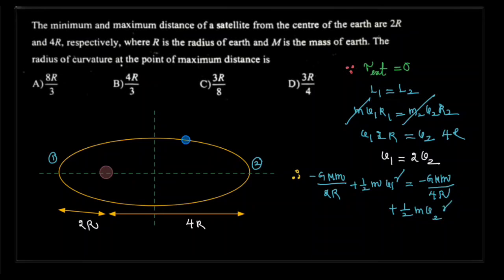If you do this calculation, you will get v1 equal to under root of 2GM/3r, and v2 will be equal to under root of GM/6r.